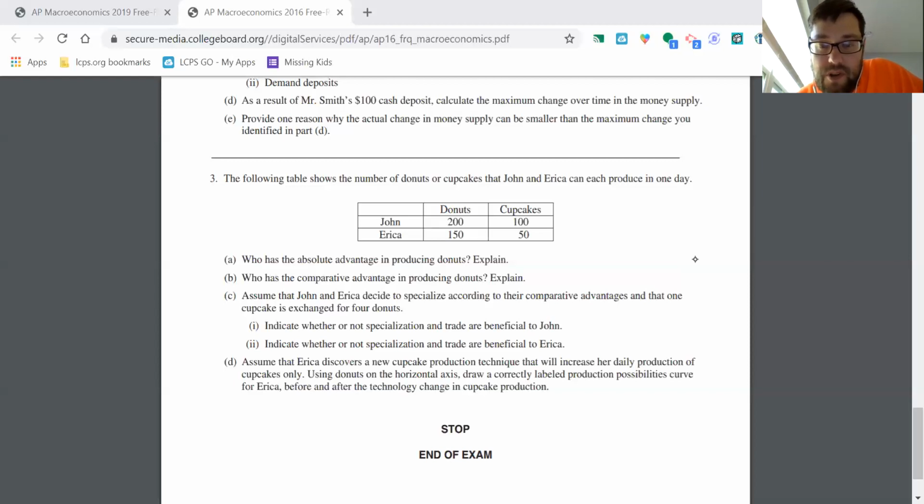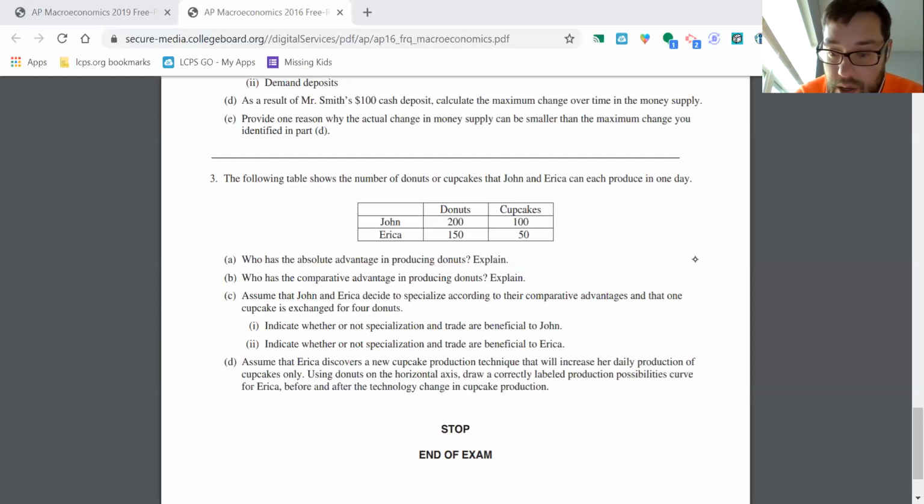Assume Erica discovers a new cupcake production technique that will increase her daily production of cupcakes only. So they want us to redraw the PPC curve, showing this change in technology, right? So, and also before and after. So they want you to show essentially the shift, right?